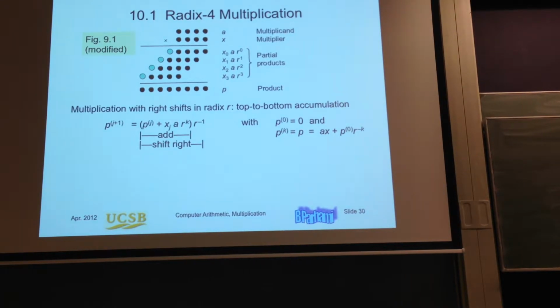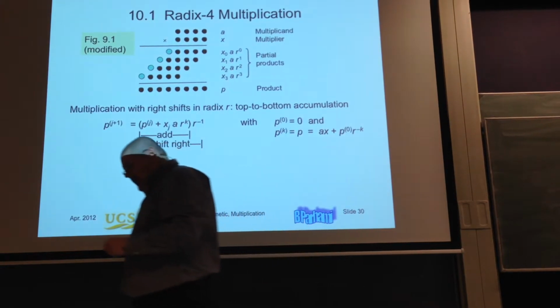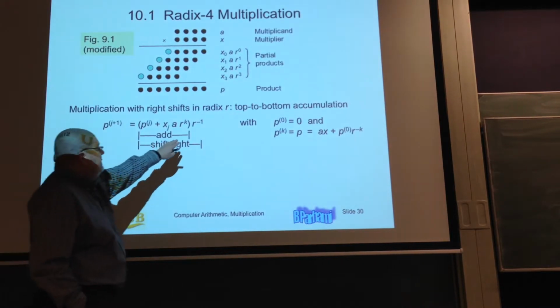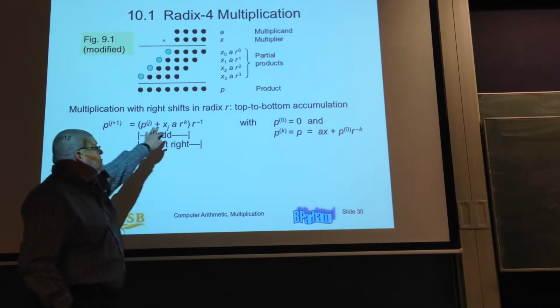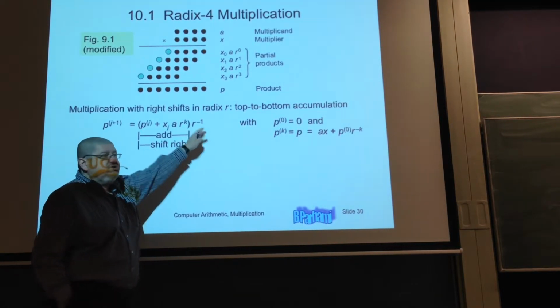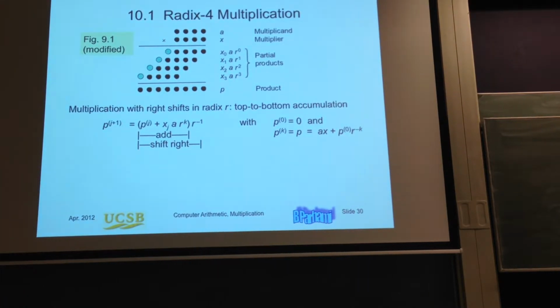Now, this is the multiplication in the general case. We did it in Radix-2, and in Radix-2, we had here a shift with a power of 2. If I'm doing it in the general case in Radix-R, this will be a shift with a larger power of 2.